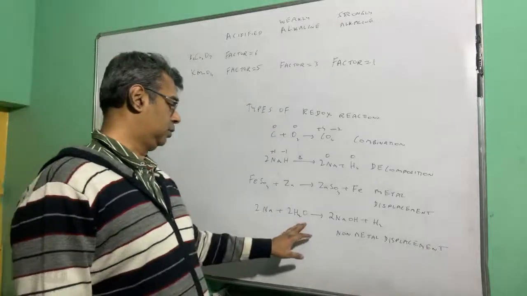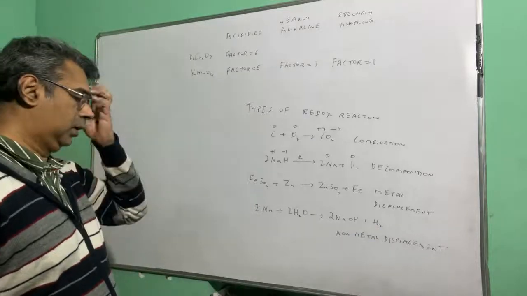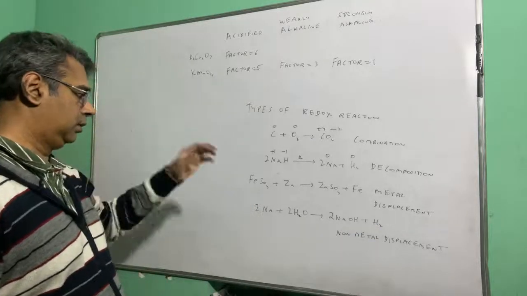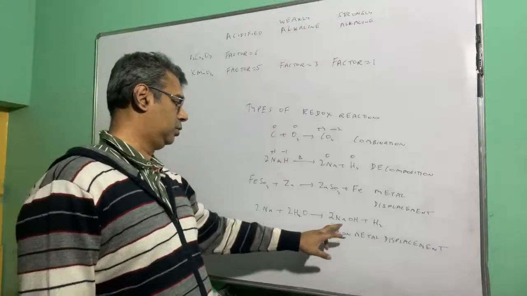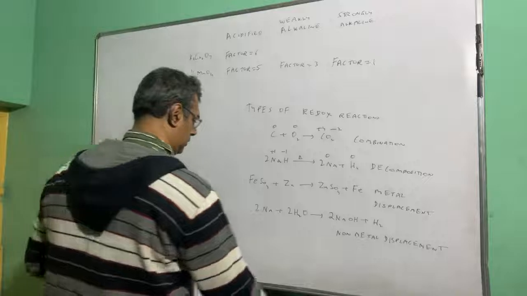Then 2Na plus 2H2O gives 2NaOH plus H2. This is called a non-metal displacement reaction.